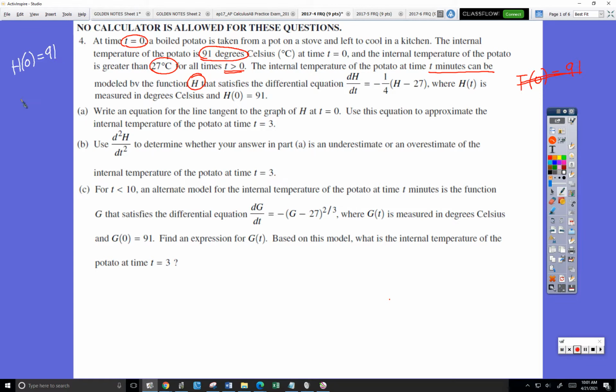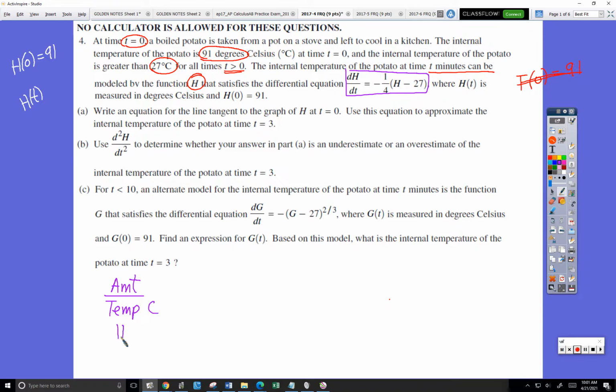This formula H satisfies the differential equation here. So what that means is they're giving me amount and rate. The formula for calculating the amount, in this case the amount is a temperature, and the degrees are in Celsius.